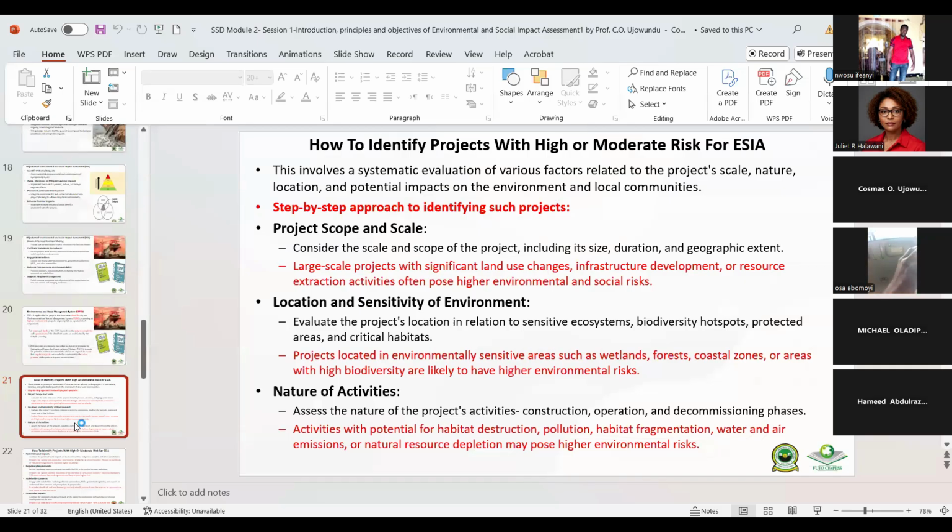So activity with potential for habitat destruction, pollution, habitat fragmentation, like I've said before, whereby you have a road crossing a particular quiet or serene environment, means that you fragmented the habitat. It will affect that environment and also affect the nature of activities that go on within that environment.